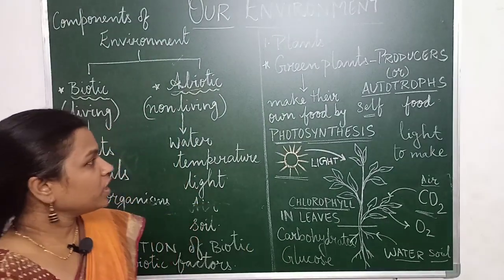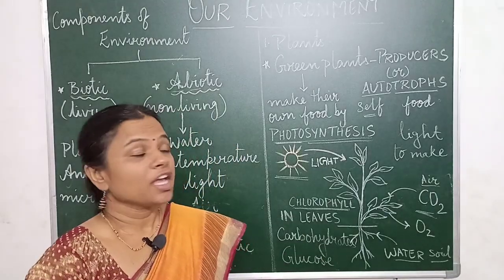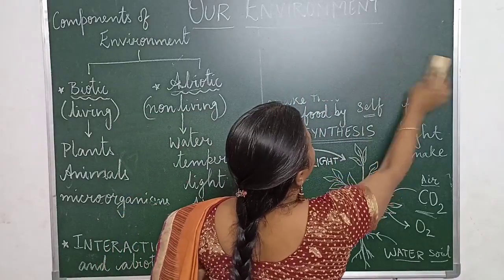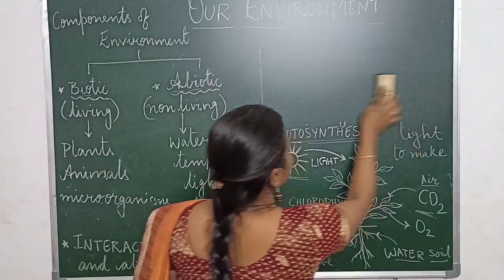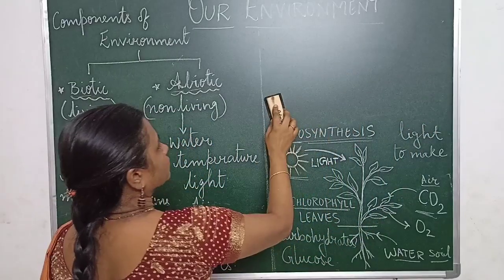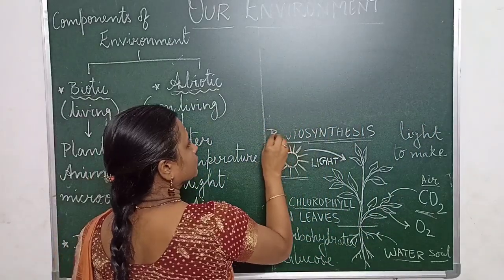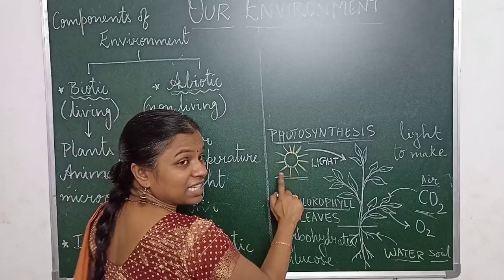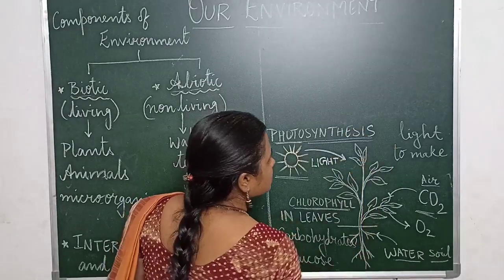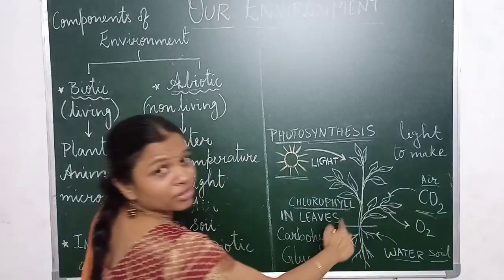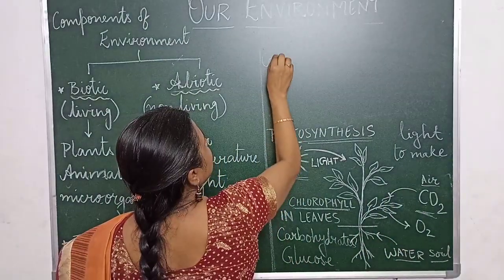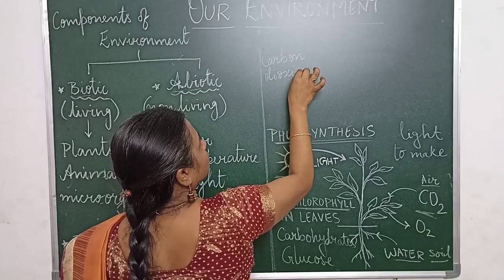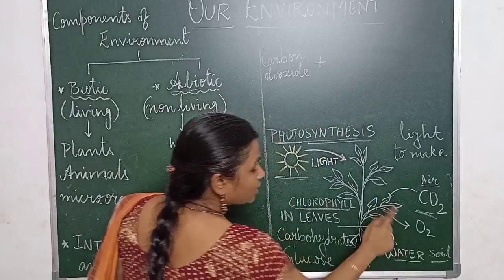So now we can represent this process of photosynthesis in the form of an equation. Basically here the process of photosynthesis involves the taking in of carbon dioxide, plus what else is the plant taking?